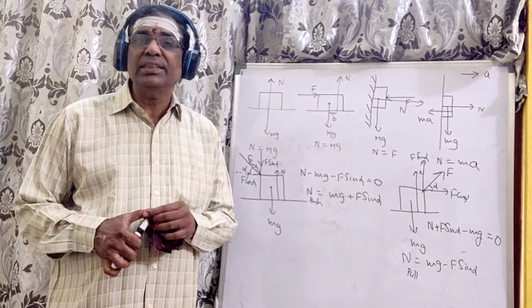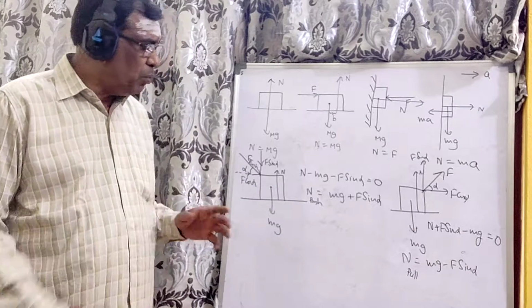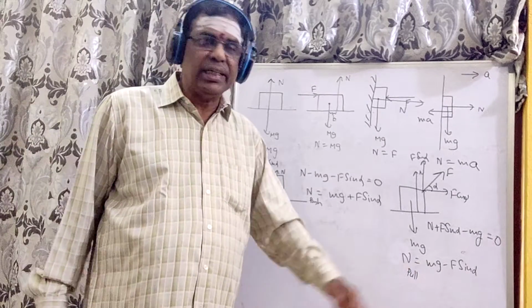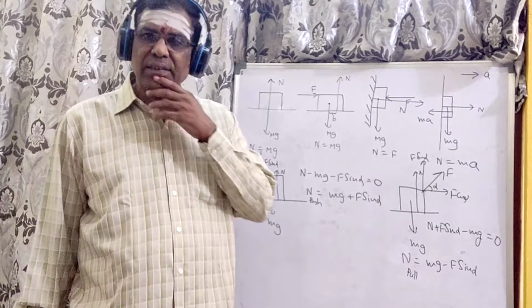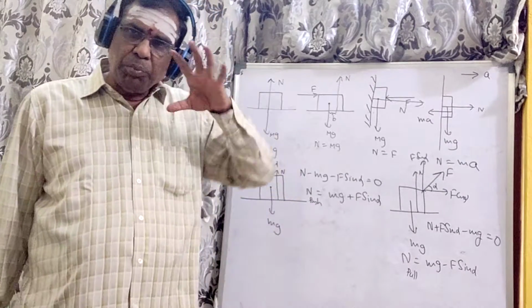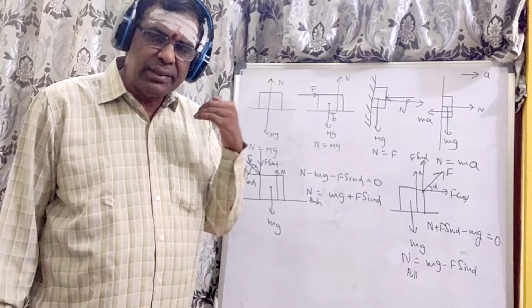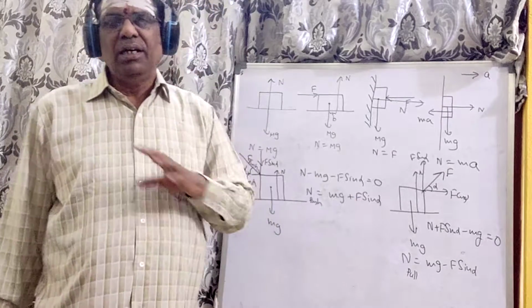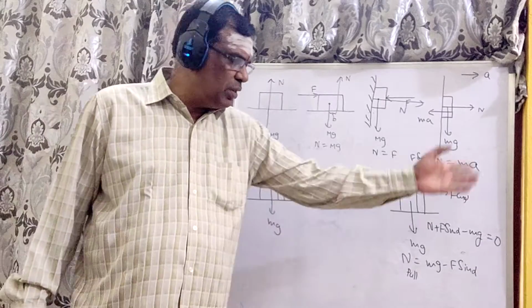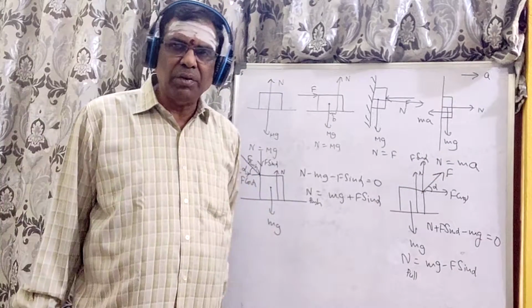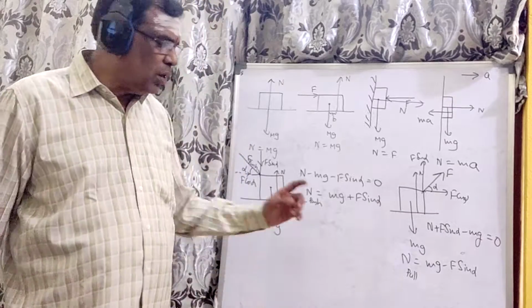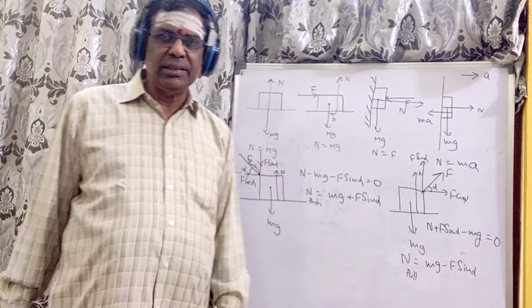If a question is asked, when the body is pulled, normal force decreases. Is it true? You cannot give an answer to that. Is that pulling taking place at an angle with the horizontal or not, an angle with the direction of motion or not? Then only we can talk about it. Just because I say pulling, you can't say it is reduced.